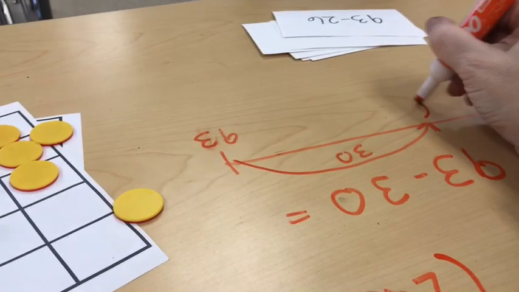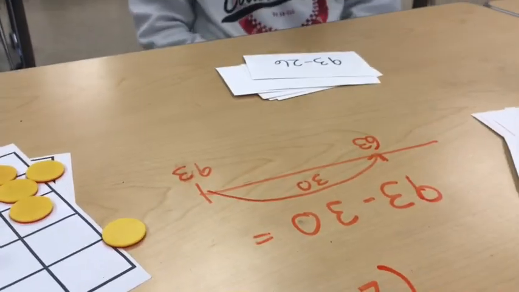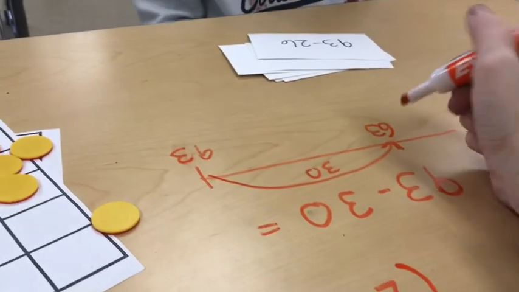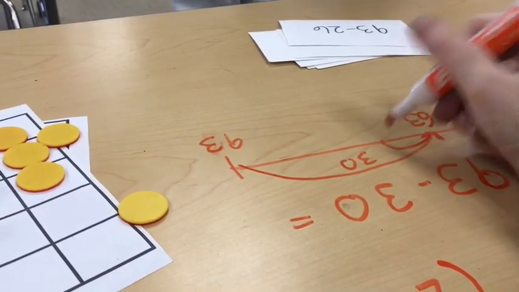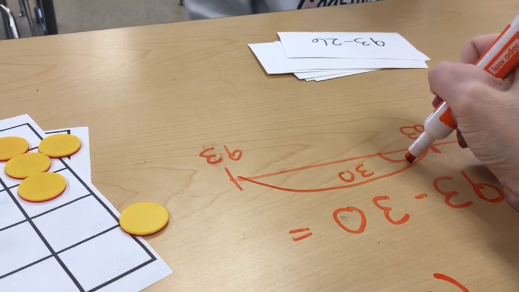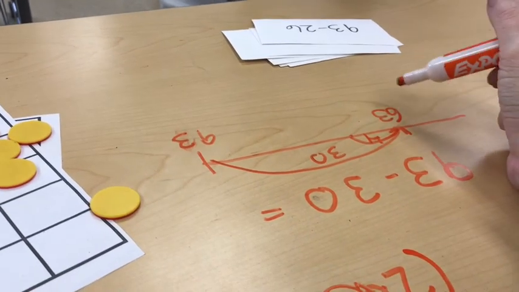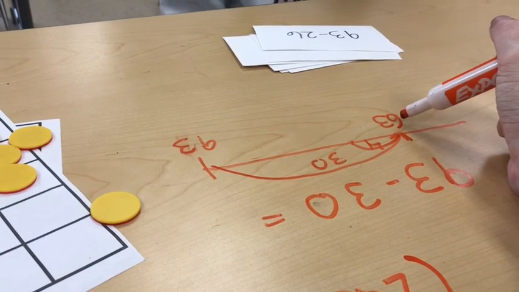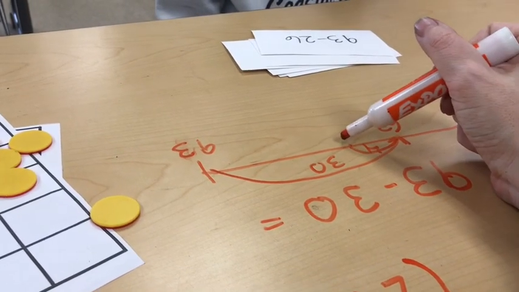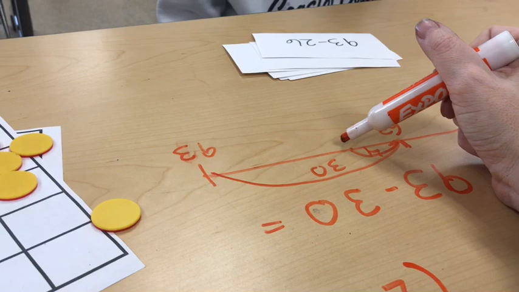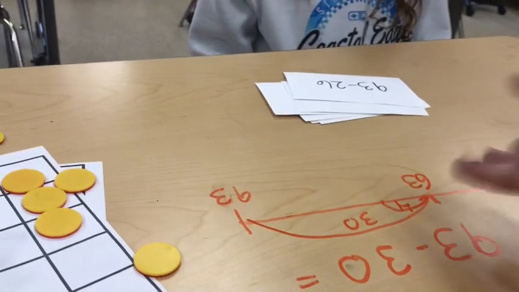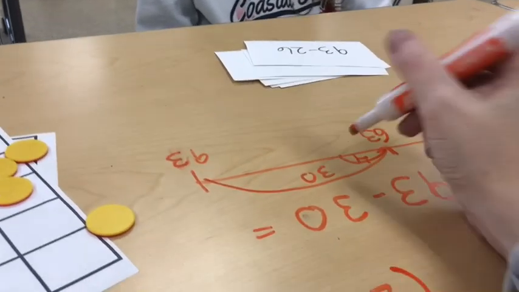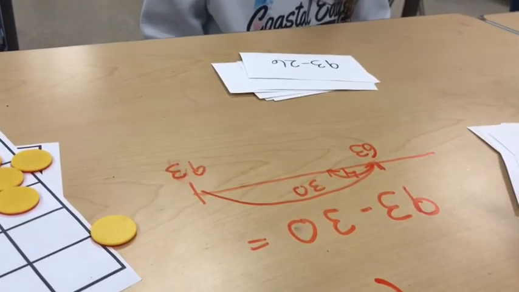Now, I went a little bit too far, right? How much too far? 4. So then I need to go back just how many? 4. 4, right? So if I have to go back 4, I took away a little bit too much. So 4 more back this way would be what? 67.